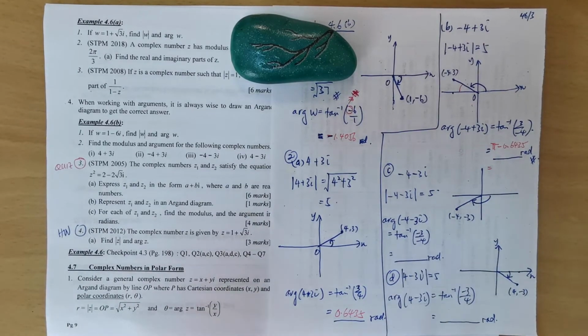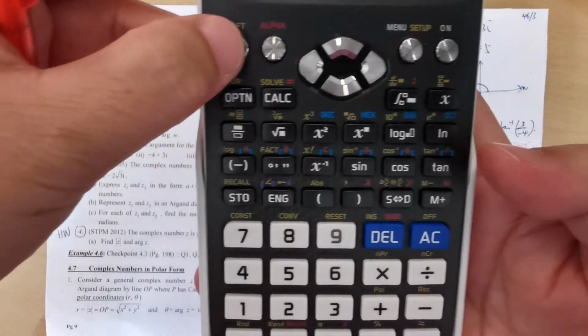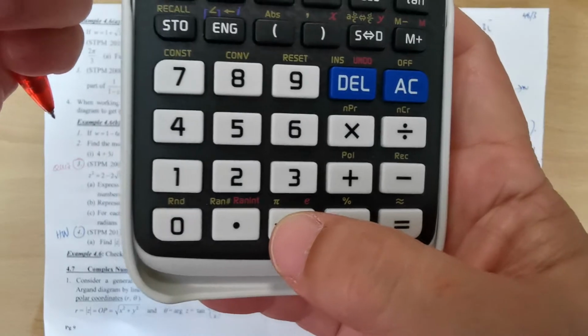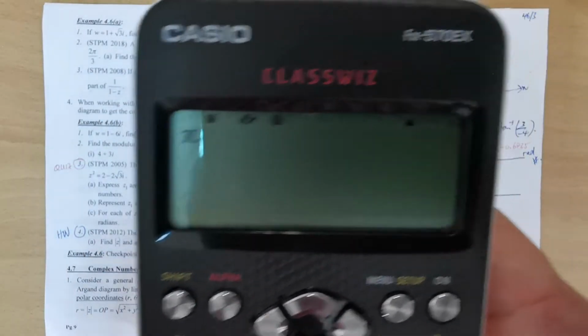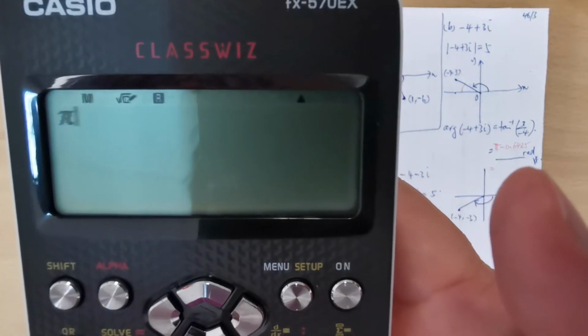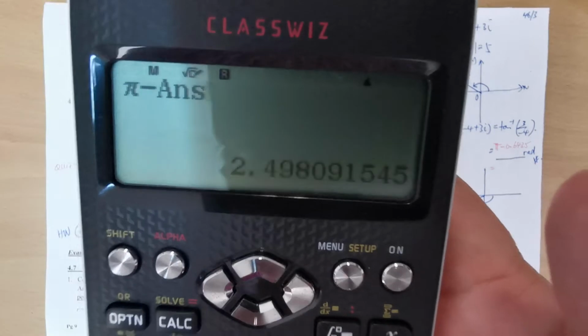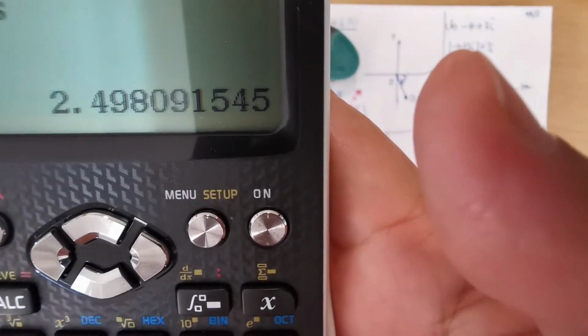Where is your pi? Pi is here, shift and this one. Pi minus the answer just now, so it's 2.4981.